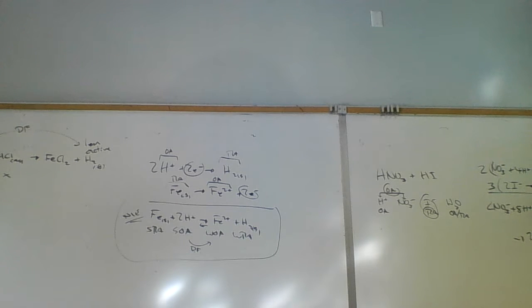And then we just do the same thing. If this is the oxidizer, then this has got to be the conjugate reducer. And so when we go through here, this is the oxidizer, and then the conjugate reducer is this. And if this is the reducer, then this must be its conjugate oxidizer here. Then we compare the 2 oxidizers, nitrate versus iodine.